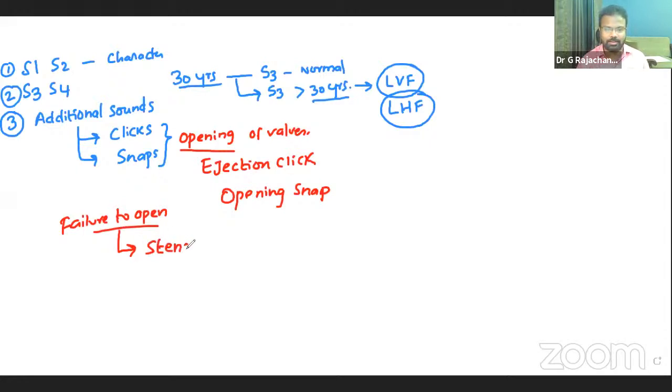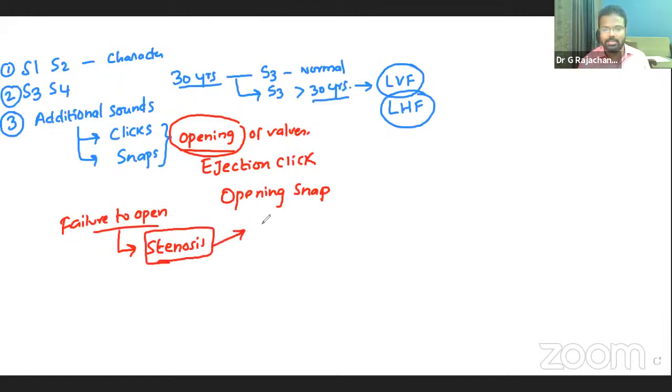So when we are talking about ejection click and opening snap, both are because of the opening of the valves. That means there is a problem in opening the valves. It is stenosis.